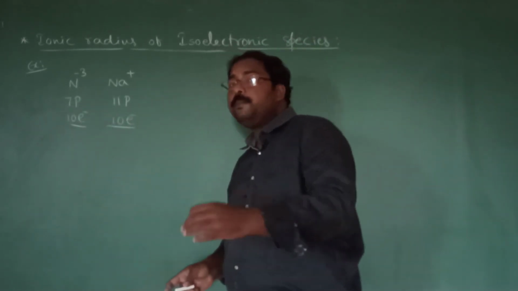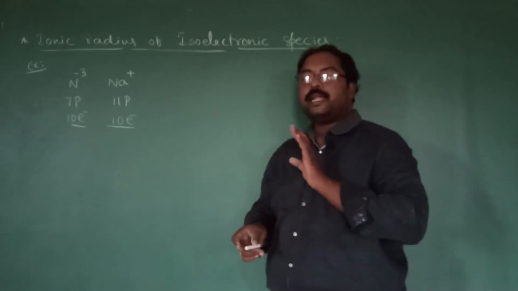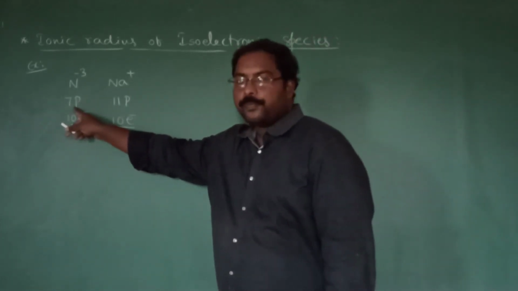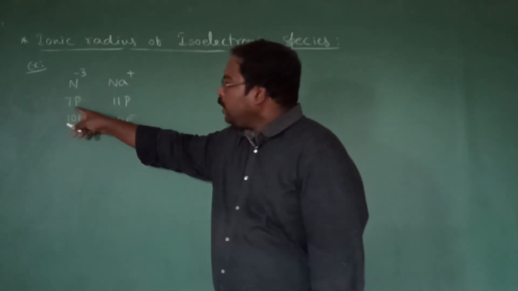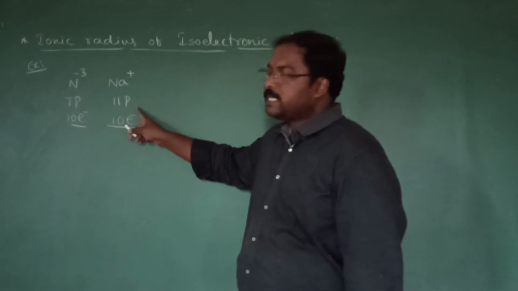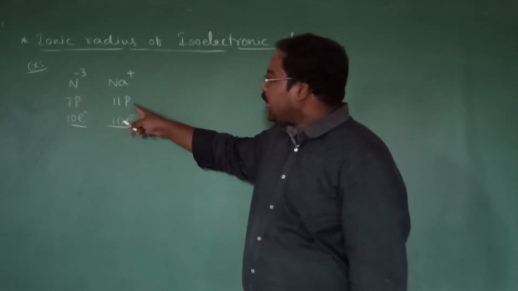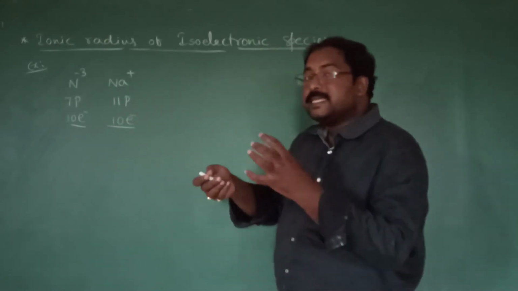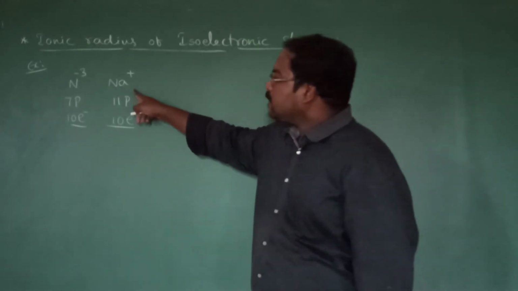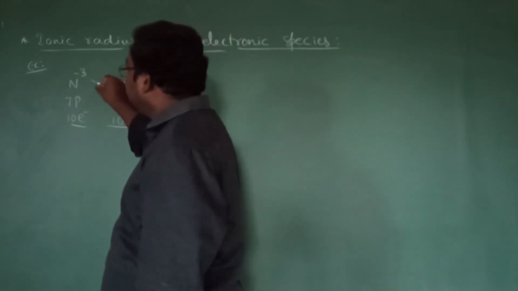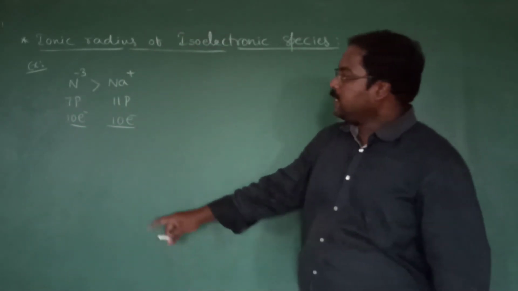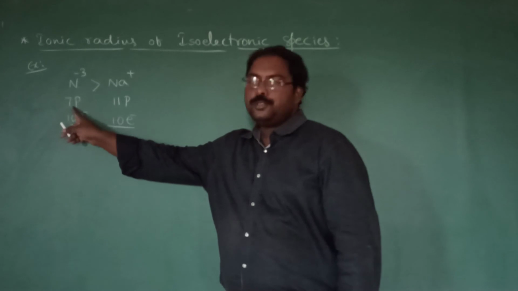You don't go simply like anion cation comparison. Okay? Observe the charge. Nuclear charge, if you see, nuclear charge is very less compared to the next case. When nuclear charge is more, it attracts the electrons very strongly towards it. So that is why the size of sodium is less than nitride ion. Okay? Because in this case, less nuclear charge.